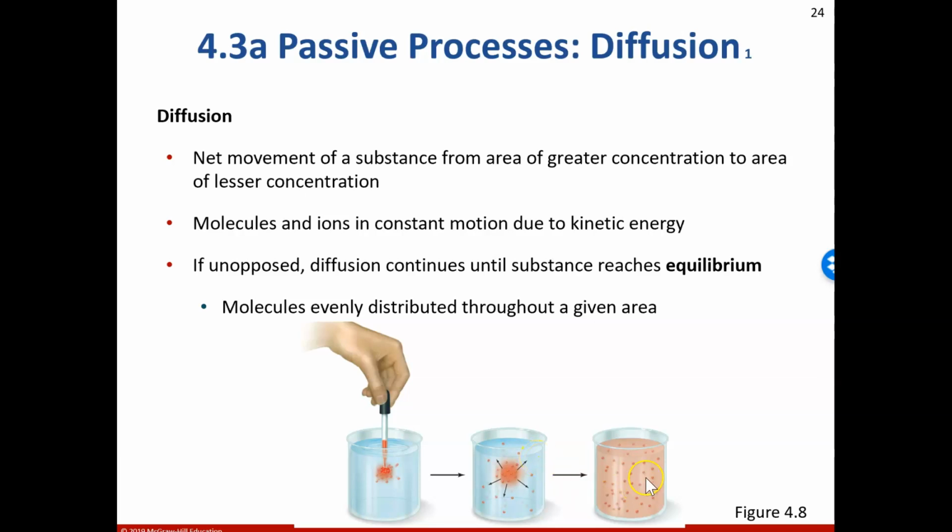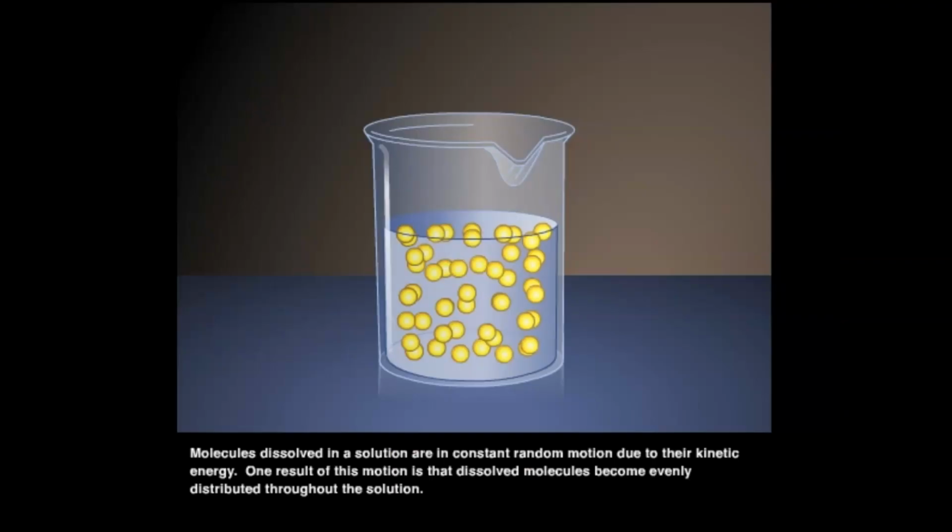The molecules and ions then are in constant motion due to kinetic energy. So almost think of these little molecules as moving around and bouncing off of one another. If it's unopposed, diffusion will continue until the substance reaches equilibrium and the molecules are nicely and evenly distributed throughout a given area. And here's a quick little video on diffusion.